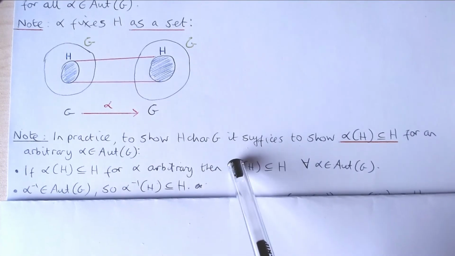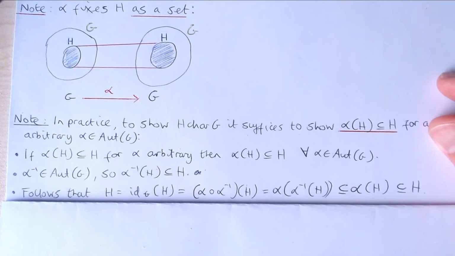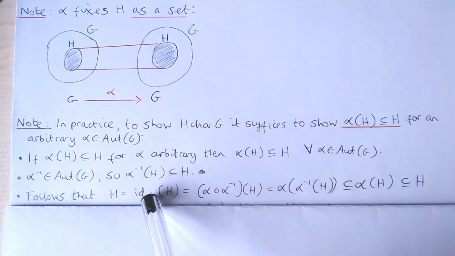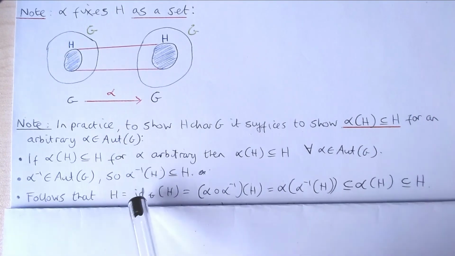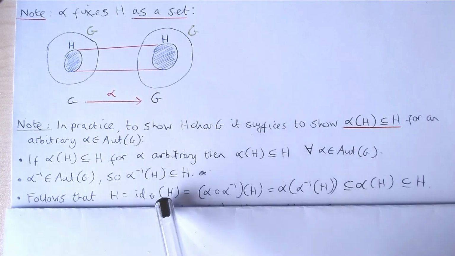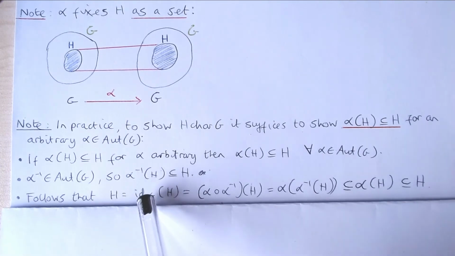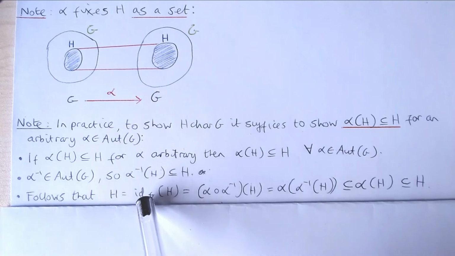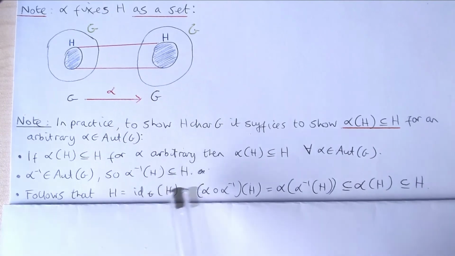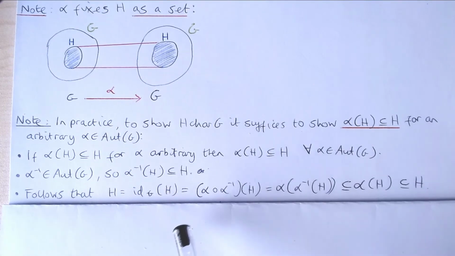And now, if we apply the identity automorphism of G to H, we just get that H equals the image of H under the identity automorphism of G. This identity automorphism just equals alpha composed with its inverse.